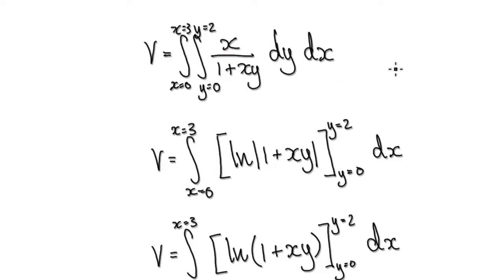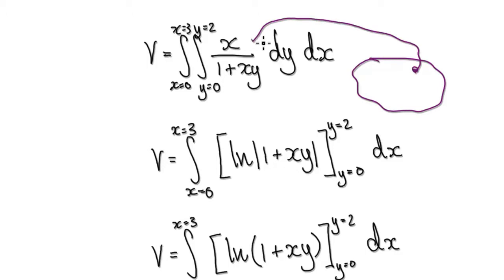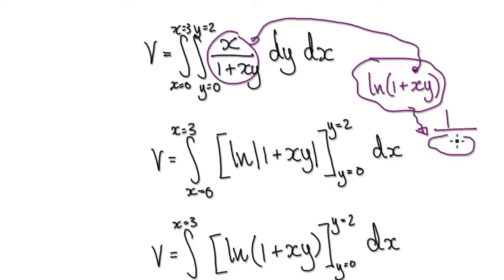So you're looking for something in such a way that when you differentiate it, it will give you this. Well, if you make this to be your initial guess, 1 plus x y. So when you differentiate this, it will be 1 over the bubble, and then times the derivative of the bubble itself, which will be x.